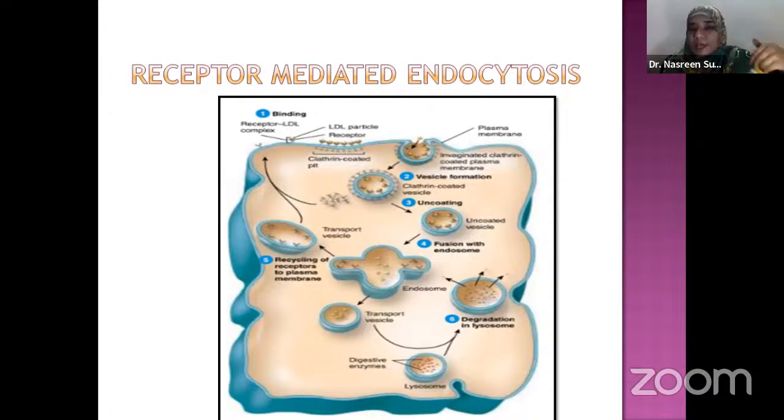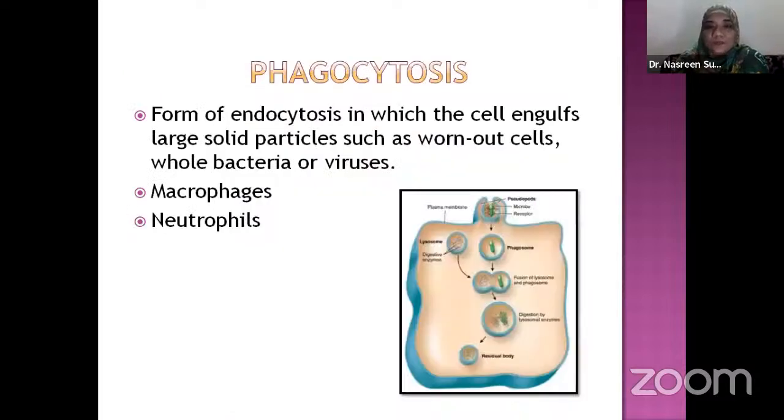Separated receptors go back to the plasma membrane through a transport vesicle. In another transport vesicle, there will be LDL particles. This transport vesicle now will fuse with the lysosome, and as the lysosome contains different digestive enzymes, there will be degradation of LDL. Okay, this is receptor mediated endocytosis.